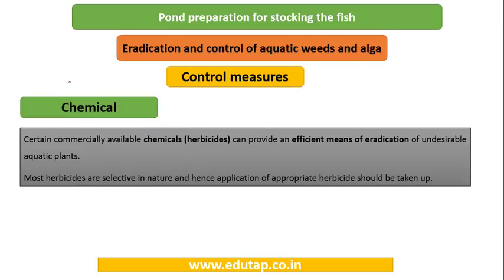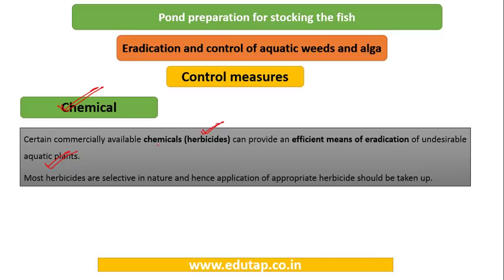Okay, now you have come to the chemical method. Now when you talk about the chemical method of controlling, there are certain things that you need to remember from the point of view of examination. Okay, so now I can use certain chemicals which are called herbicides. Now these would help us eradicate the undesirable aquatic plants. Okay, now you need to just apply your common sense: why do I need to remove the undesirable plants?